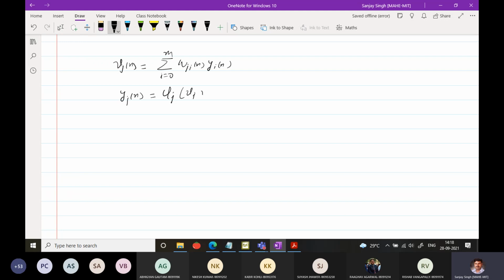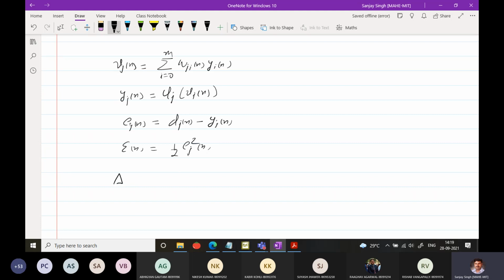This is the local induced field which we give to the activation function. Also, we know that Ej(n) equals dj(n) minus yj(n), and E(n) is nothing but one half of Ej squared (n). You see how it is all related.